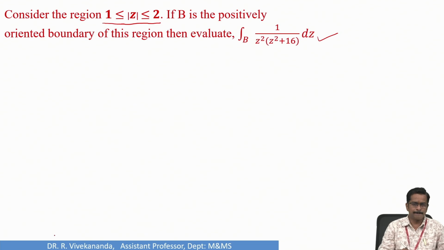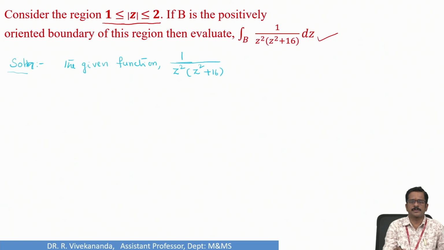First, let us see the given integrand function, the given complex function, that is 1 by z square into z square plus 16. First, let us try to evaluate the singular points.